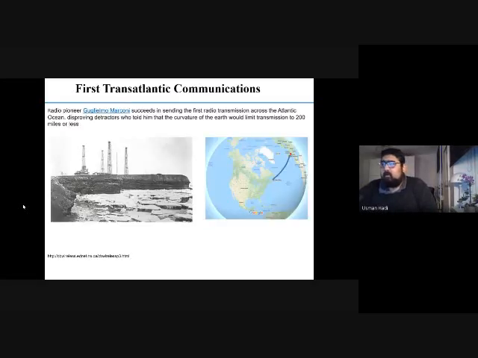And if we look back, the first transatlantic communication pioneer was Guglielmo Marconi, who succeeded in sending the first radio transmission across the Atlantic Ocean. He actually disproved his detractors who told him that the curvature of the Earth would not allow this transmission and it would be limited to 200 miles or less.